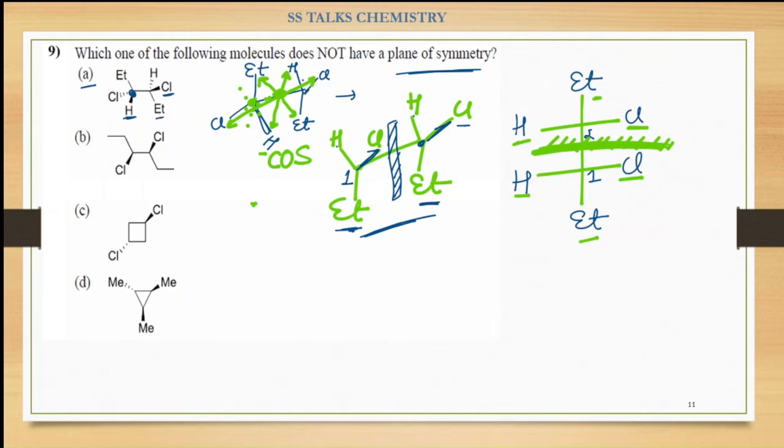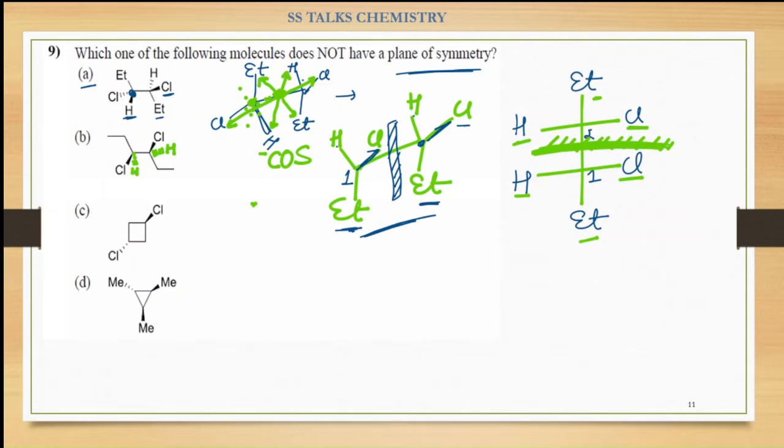Now in the next molecule that you are observing, it is again given in the wedge dash position only. You can convert it into the Sawhorse or the Fischer projection to see if the plane of symmetry is present or not. Okay, so this is the molecule you are observing, and here at the dash position is the hydrogen atom, right?